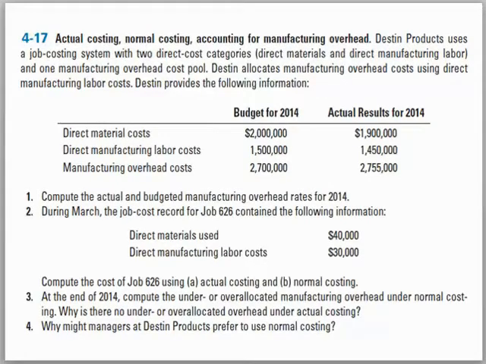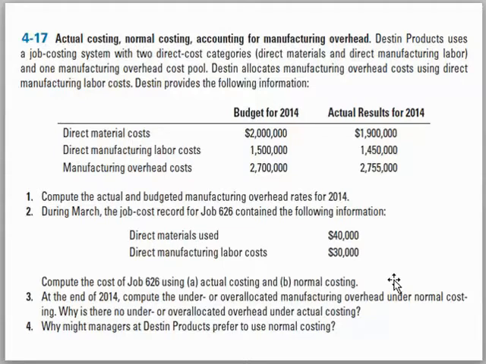The second required. During March, the job cost record for job 626 contained the following information. So this information is for a special job in March. He gave me the direct material used, 40,000, and direct labor cost, 30,000, and he wants to compute the cost of the job using both actual costing and normal costing.